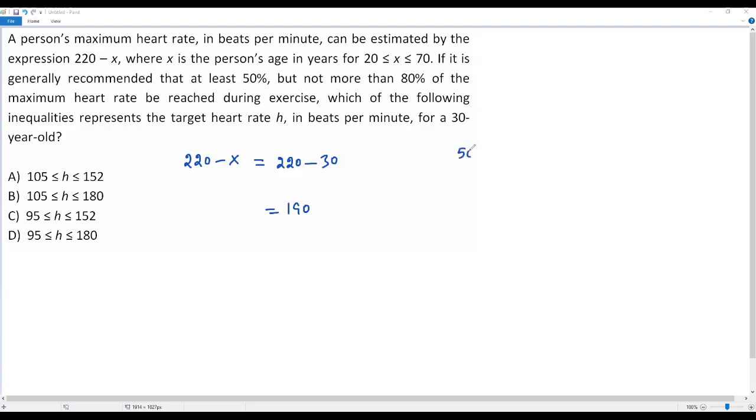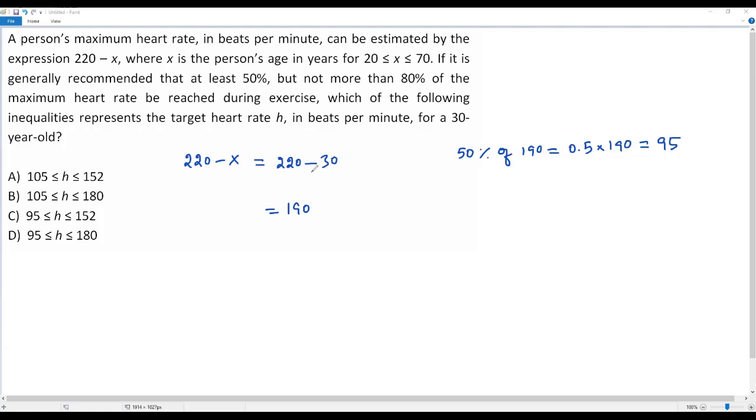Let me do it. 50% of 190 equals, we can convert this 50% to decimal, then we get 0.5. We can write this as multiplication, 190. When I multiply 0.5 and 190, I am getting 95. So during exercise, the minimum heart rate should be 95 beats per minute.